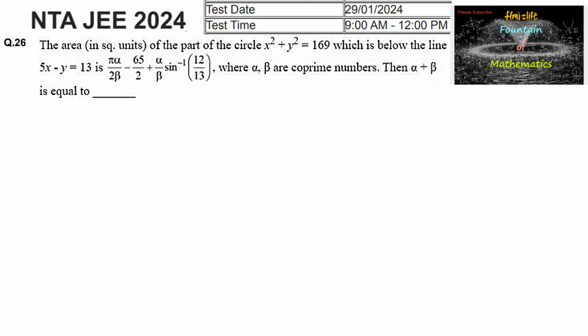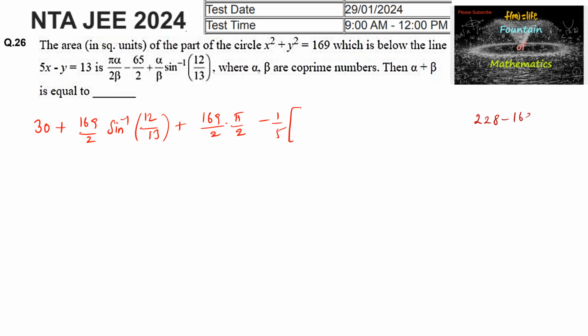So we may simplify and write 30 plus 169 upon 2 sine inverse of 12 upon 13 plus 169 upon 2 into pi by 2, and here minus 1 upon 5 times. So we have 228 minus 169 upon 2 plus 169.